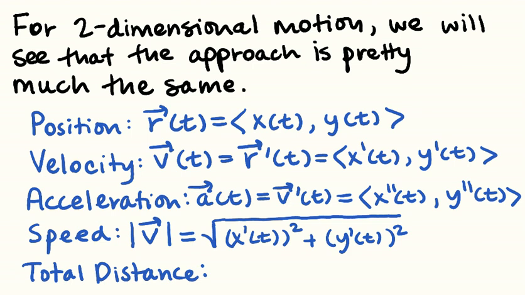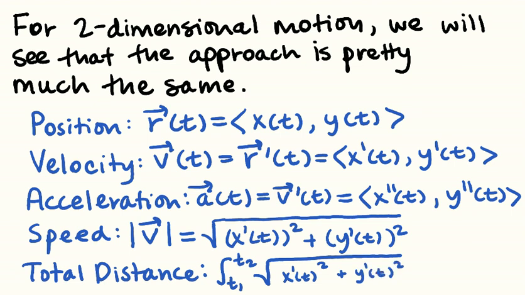And then when we go to calculate total distance traveled, we'll be integrating the speed. So we're going to be integrating the absolute value of velocity, which will turn out to be the square root of (dx/dt) squared plus (dy/dt) squared, and we'll integrate it over that time interval.